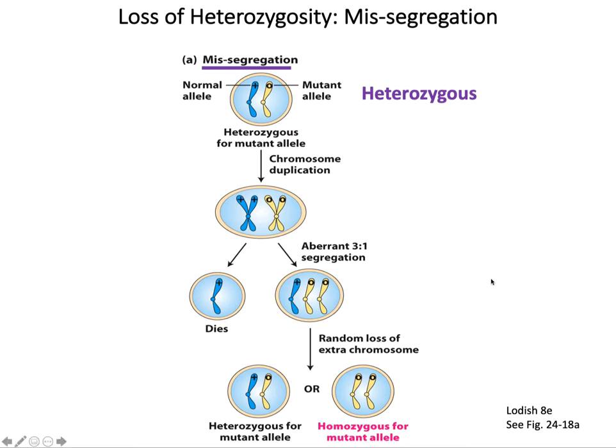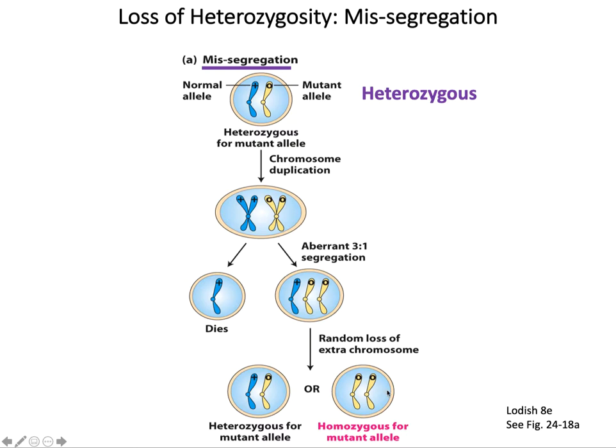So now this daughter cell has received the chromosome in which one copy of the tumor suppressor gene is normal and one copy is mutated. This cell is still heterozygous, and so it's fine from the cell cycle regulation point of view. On the other hand, this daughter cell here was unfortunate enough to receive two mutated copies of this tumor suppressor gene.